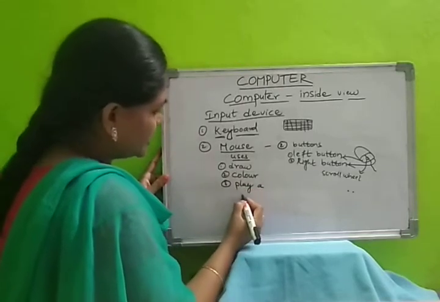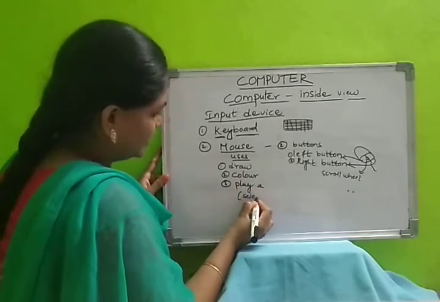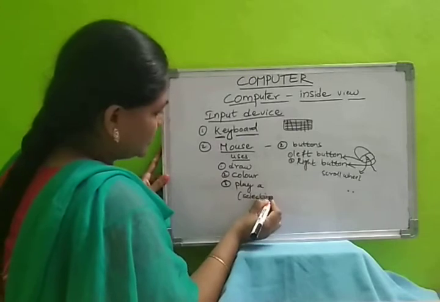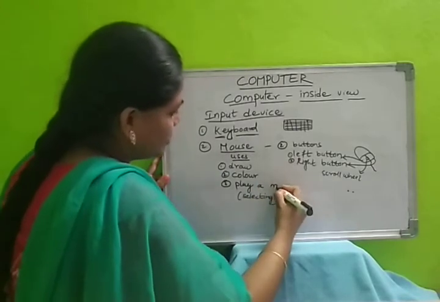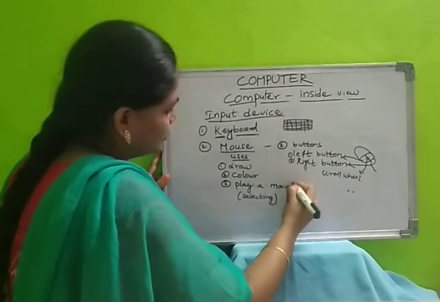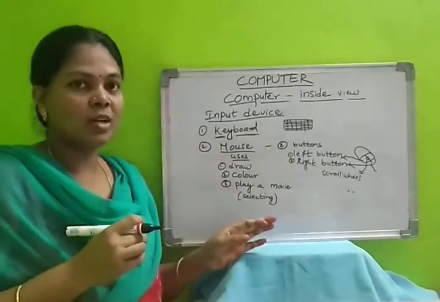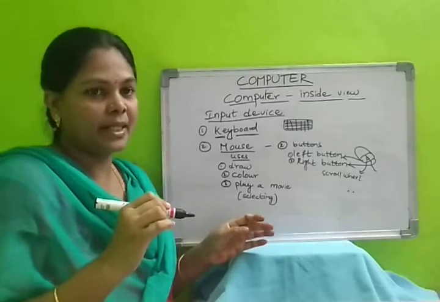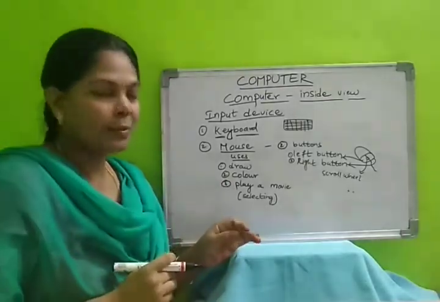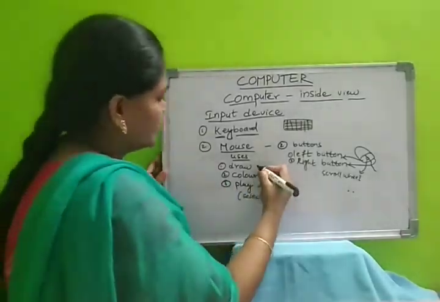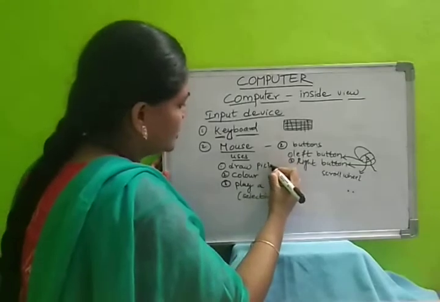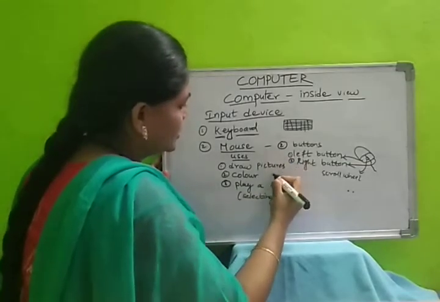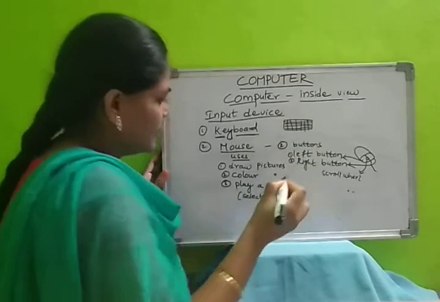That means selecting different objects. Suppose you want to watch cartoons, what will you do? You will go to that video and you will select it. Then that video will be played. Okay. So the uses of mouse are to draw pictures, color pictures, play a movie.